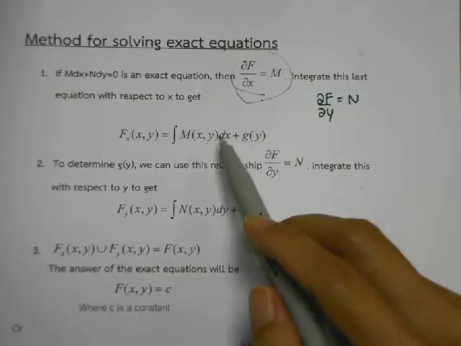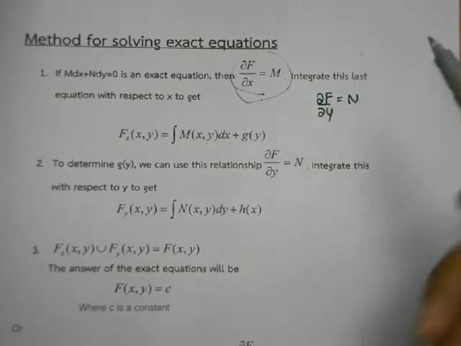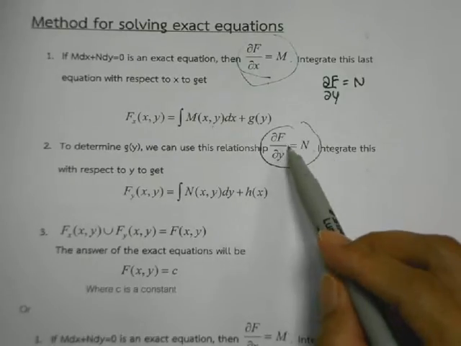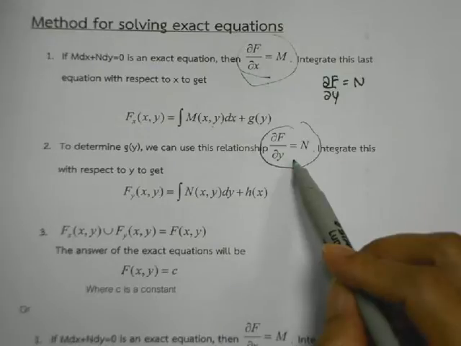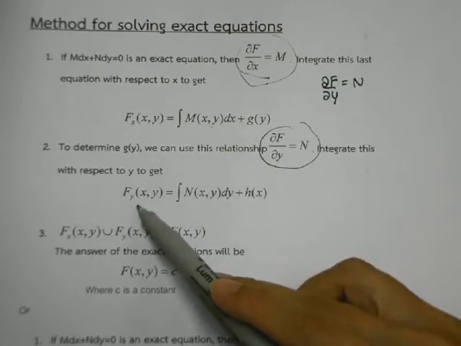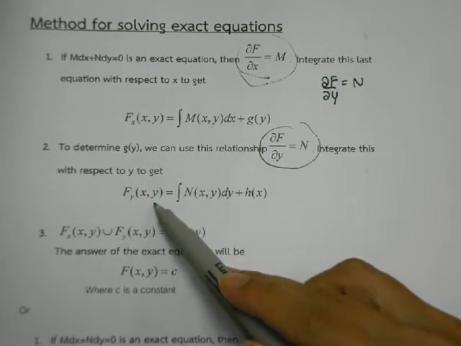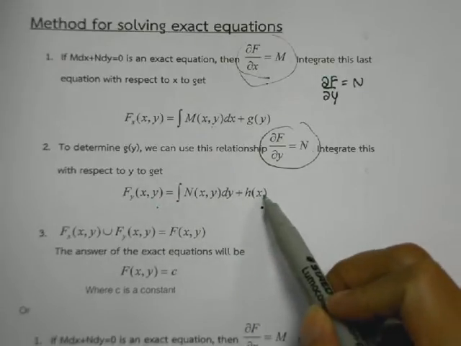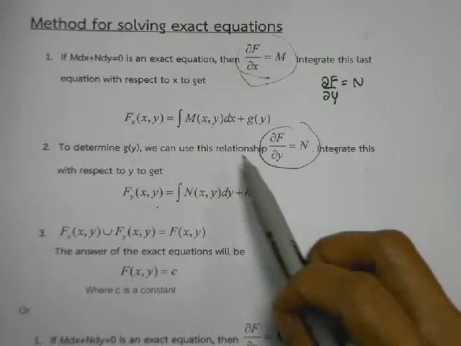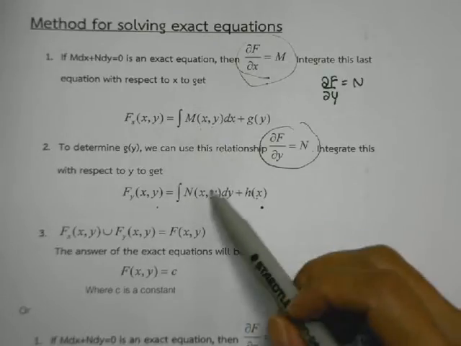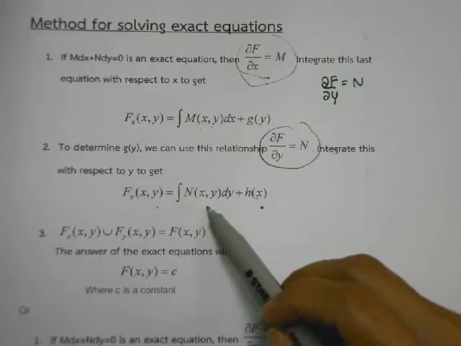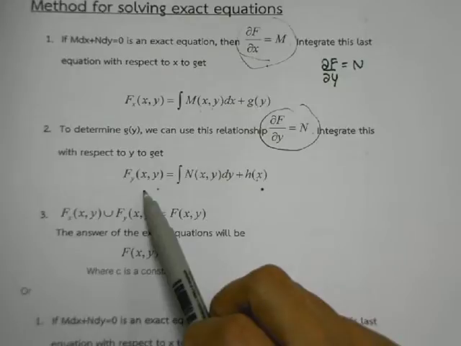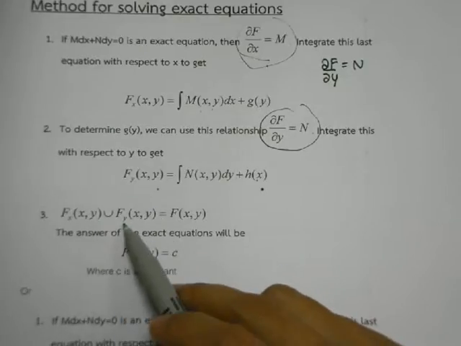And then you do the integral of the other term, which I would call g(x). When you integrate this term, you get something like this, but you don't really know what g(x) is. But g(x) will appear in this term, and h(y) will appear in this term. So that's why after you get f(x) and f(y), you have to take the union.